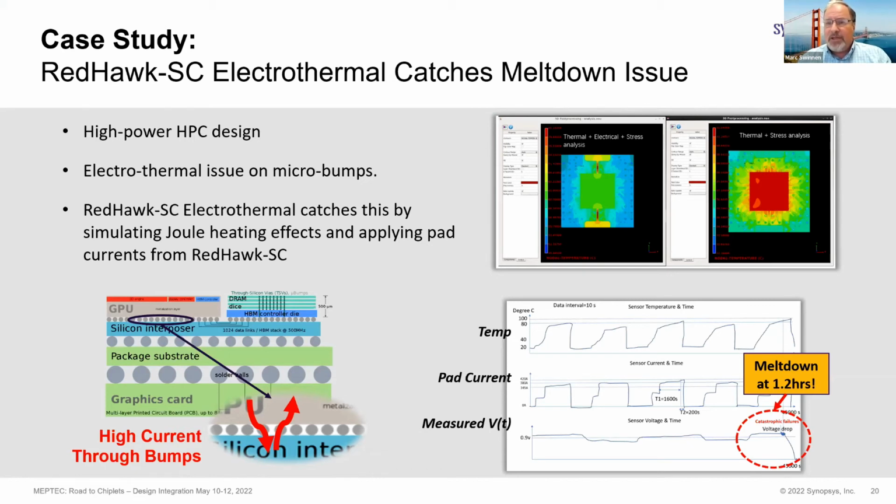No single bump can carry enough current for the chip at top. So there's a whole series of them, and it's a challenge to figure out how much of the current is going through each individual bump. But in this case, it was able to determine that you were going to get an overheat situation in a particular spot. So that's one case study. Next slide, please.